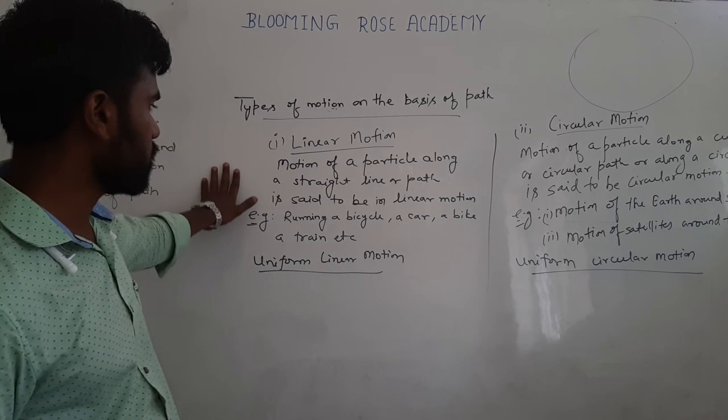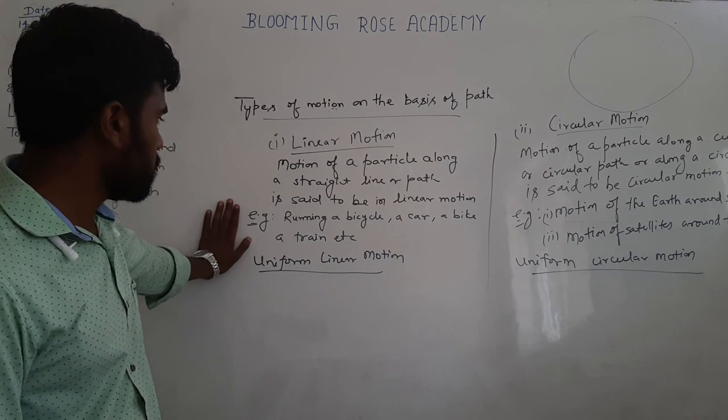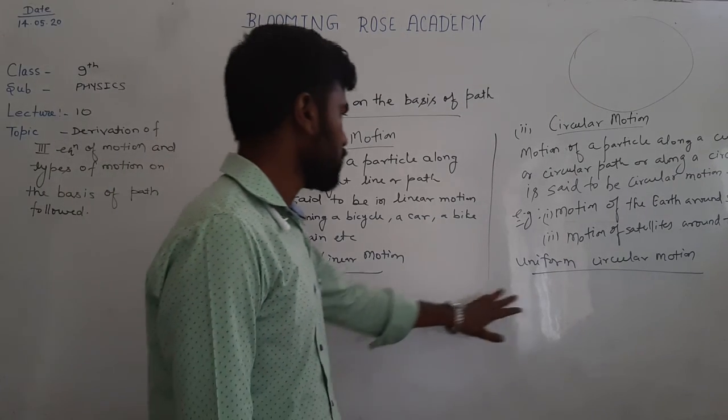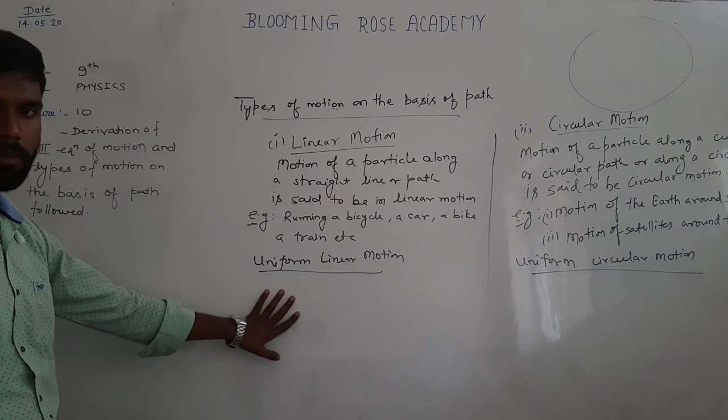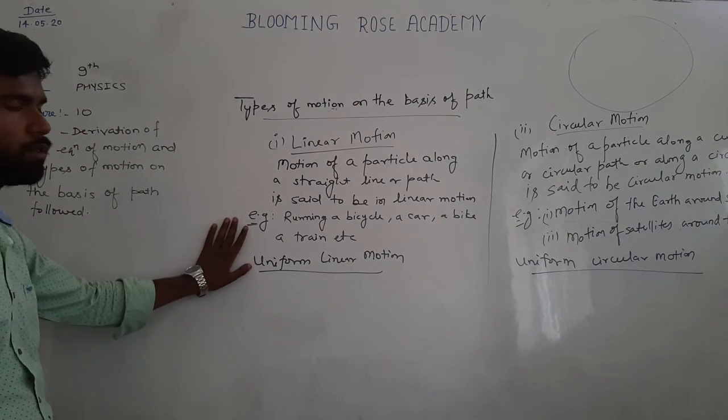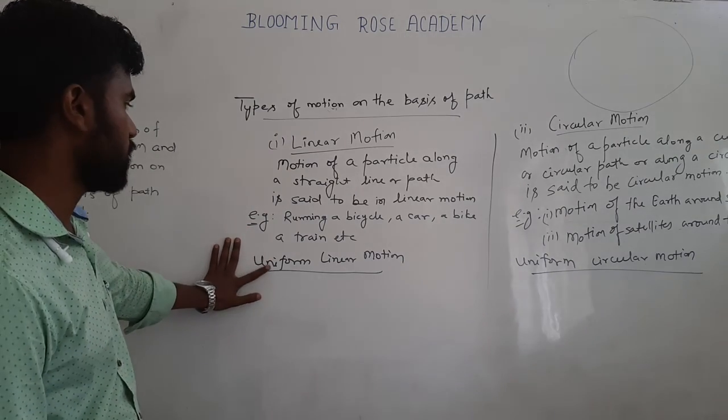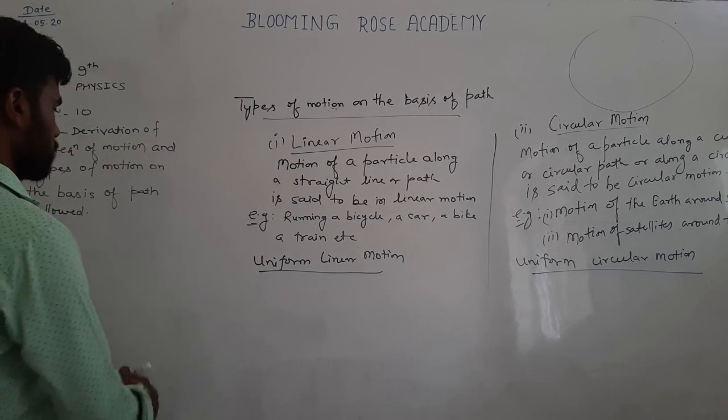So students, the difference between uniform linear motion and uniform circular motion is that in uniform linear motion the direction of the object while moving does not change.